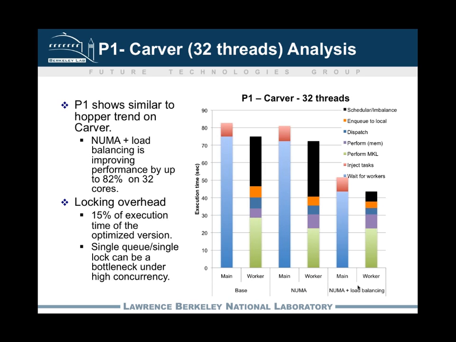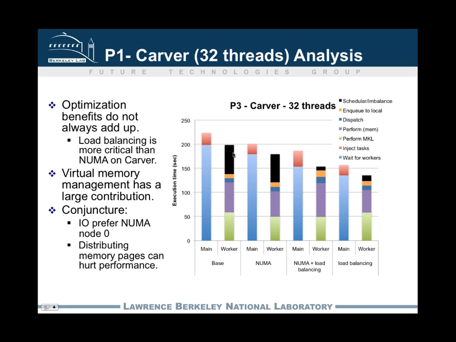The only difference was that we start seeing more contribution of the management overhead, or the locking overhead, as we have 32 threads, becoming about 15% of the total execution time. The other difference was for the other problem, B3: if we combine both optimizations, the performance was not optimal. The best performance was associated with only the load balancing technique.